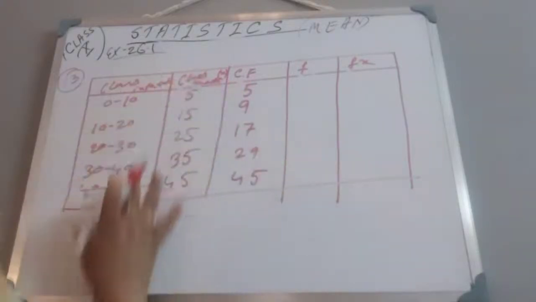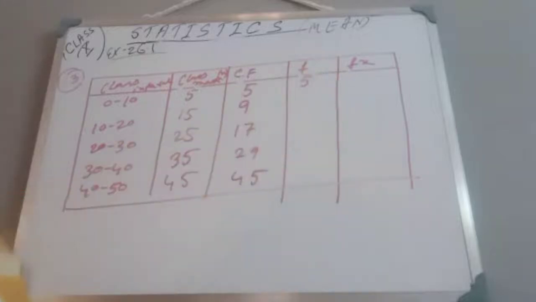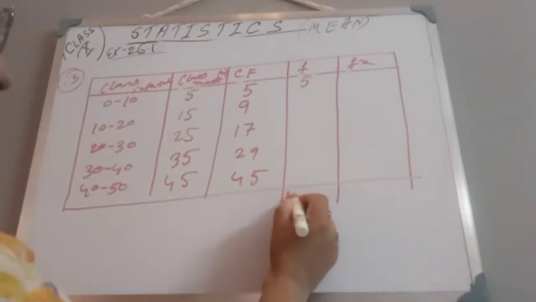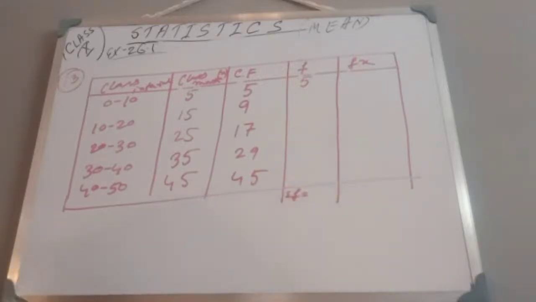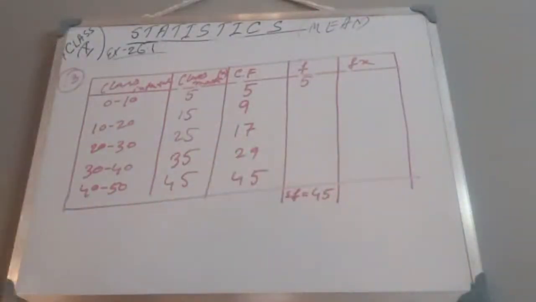Since this is less than type sum, so frequency and cumulative frequency first term should be equal. Okay, since this is 45, the last term cumulative frequency, so addition part, obviously we will get this as 45. That we have to check.